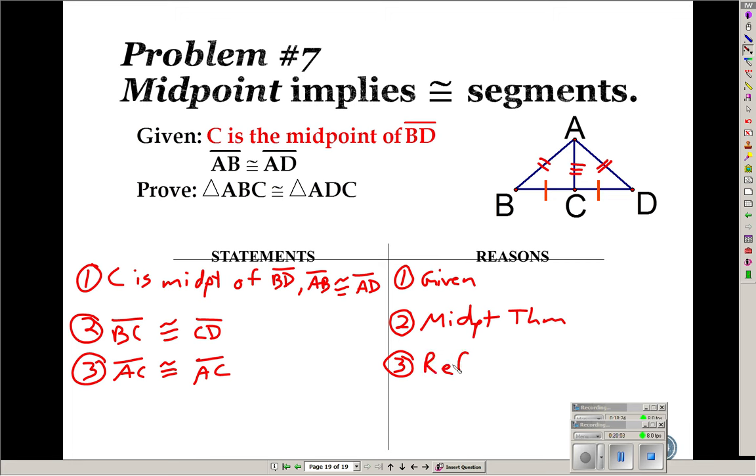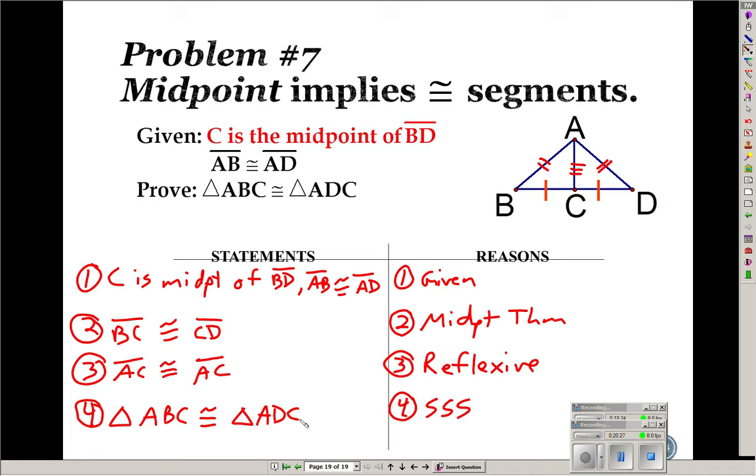That is the reflexive property. Now I've got all three pairs of sides, so I have SSS. The triangles are now congruent. Use what you're given, mark anything else that you can imply, and then say that the triangles are congruent.